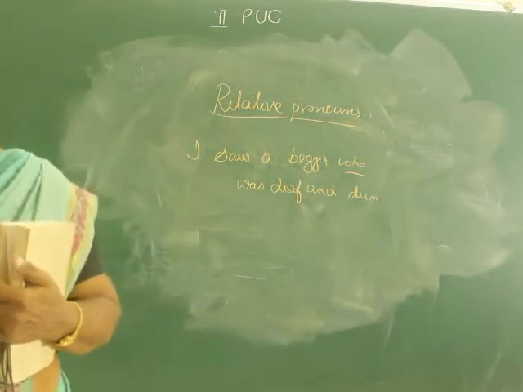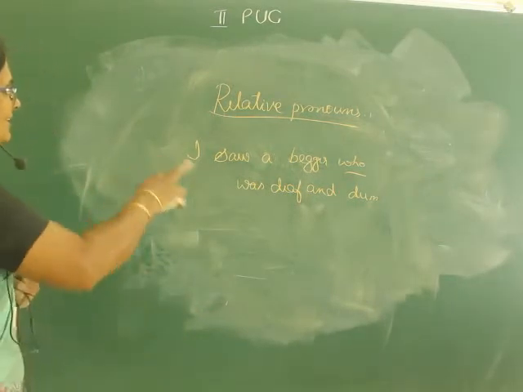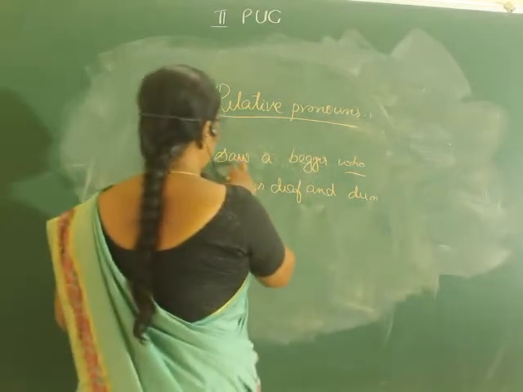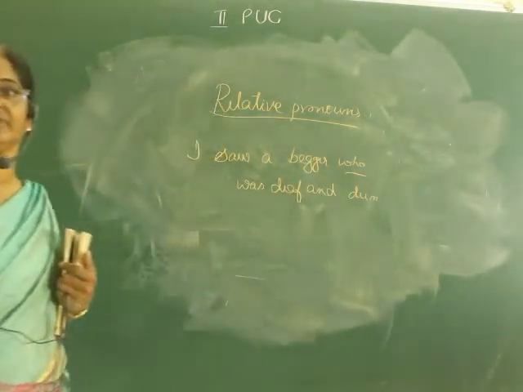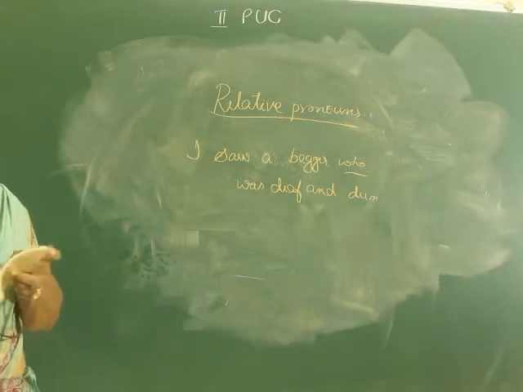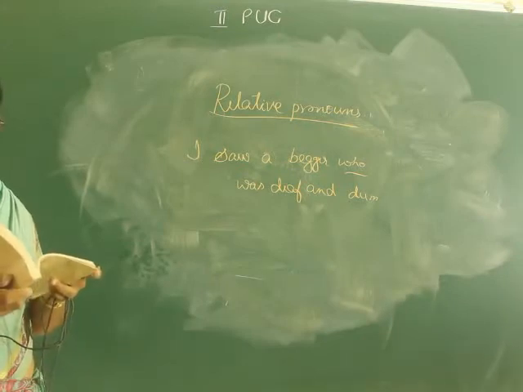We use relative pronouns to club the sentences. That means this relates the two sentences. Got it?